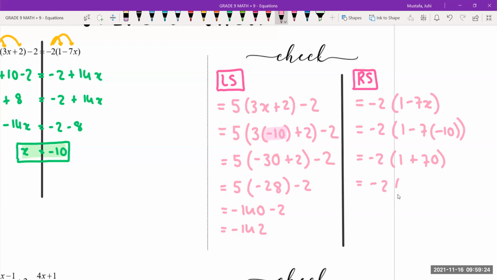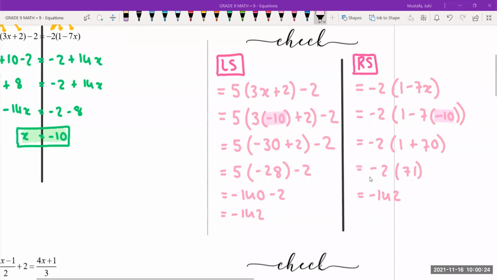What's 1 plus 70? Yeah. And -2 times 71? -142. Love the chat. Okay, so did you guys get -142 for the other side as well?